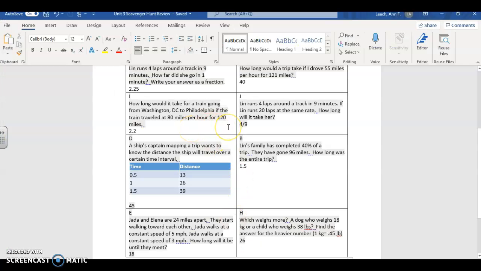How long would it take for a train going from Washington, D.C. to Philadelphia if the train traveled at 80 miles per hour for 121 miles? How long would it take? Well, this one's 80 miles for 120 miles. So let's take a look at what that is going to be. 80 miles per hour. So that's how fast it goes.